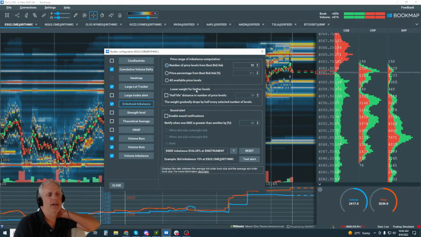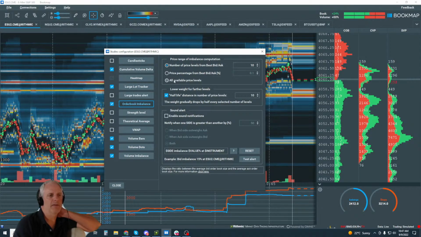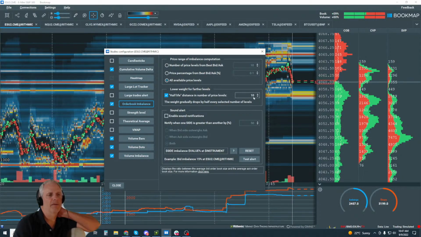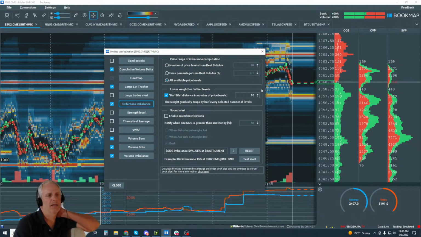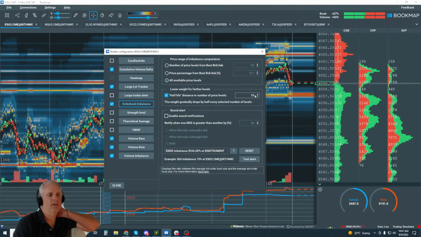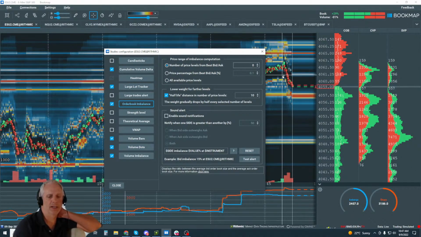You also have a half-life, like a kind of exponential weighted average here. The half-life would mean that for all price levels in here, the first 10 will be twice as important compared to all of the rest. So basically the 50% mark would be 10 levels. Let's suppose we put in 20 levels here, just to make a simple example.